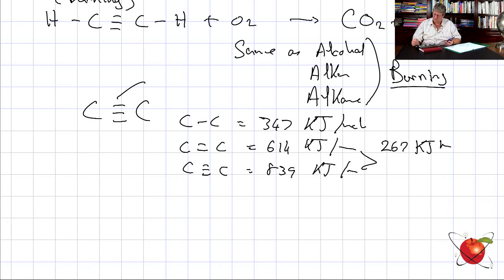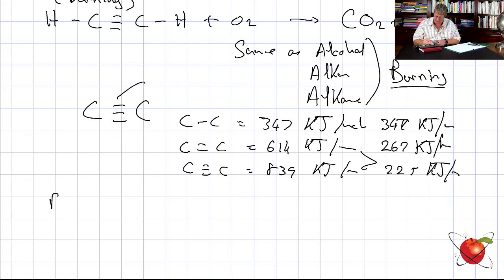The third bond, all right, is going to be 839 minus 614 is 225. So it's 347 kilojoules per mole for the first one, kilojoules per mole. This is the energy to break the bond. Okay?